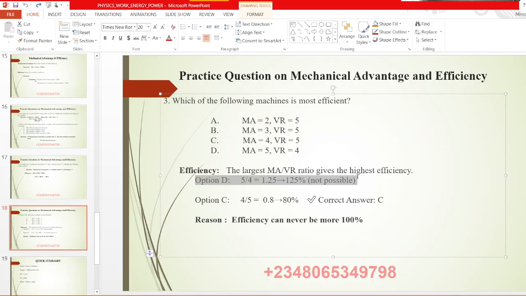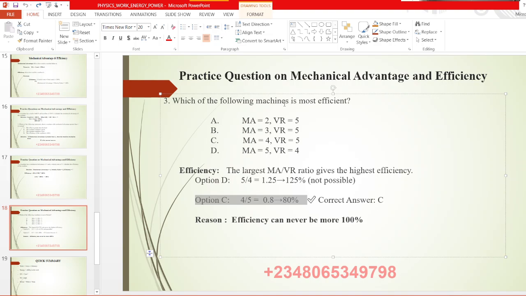The larger the mechanical advantage divided by velocity ratio, the higher the efficiency. But once it has exceeded 100%, it is not possible. So the correct answer here is 80%. And that's why I've said efficiency can never be more than 100%. Look at this question right now. The question says, which of the following machines is most efficient?